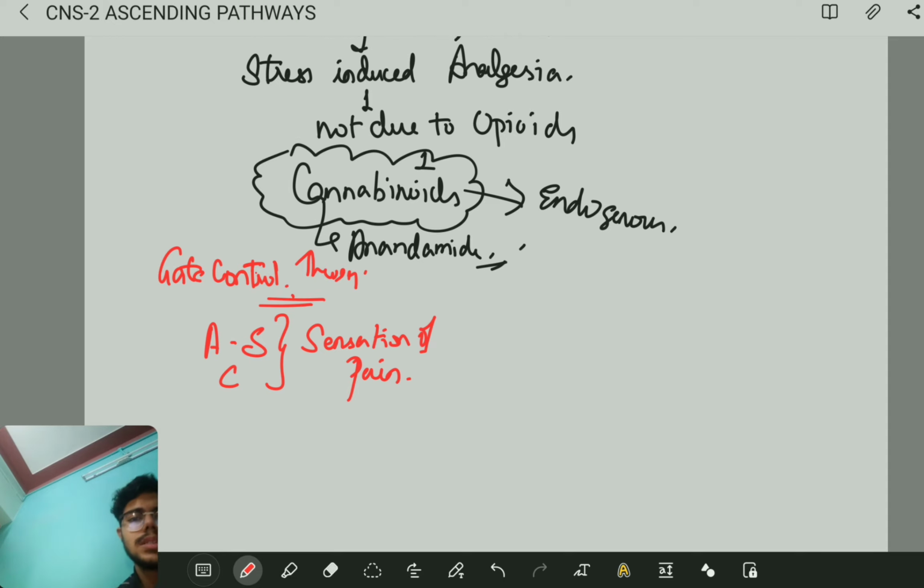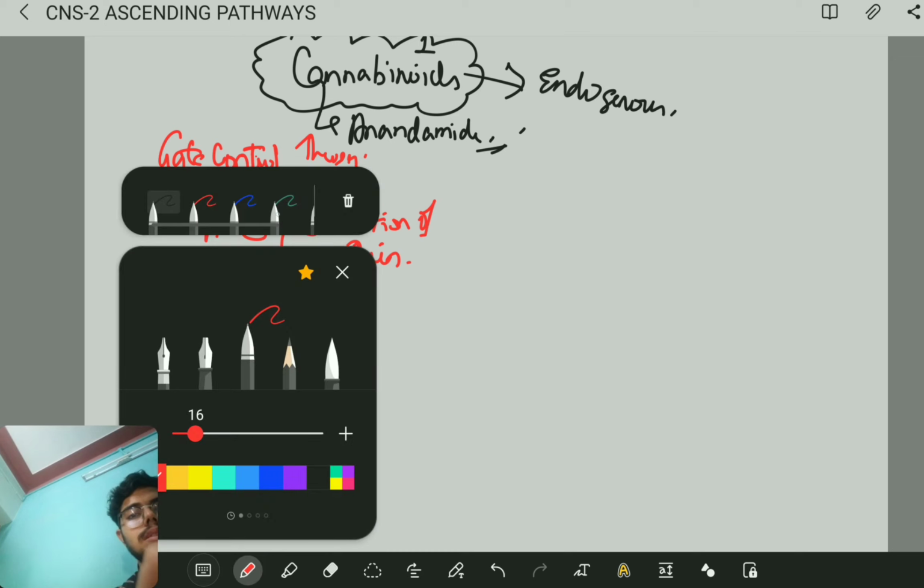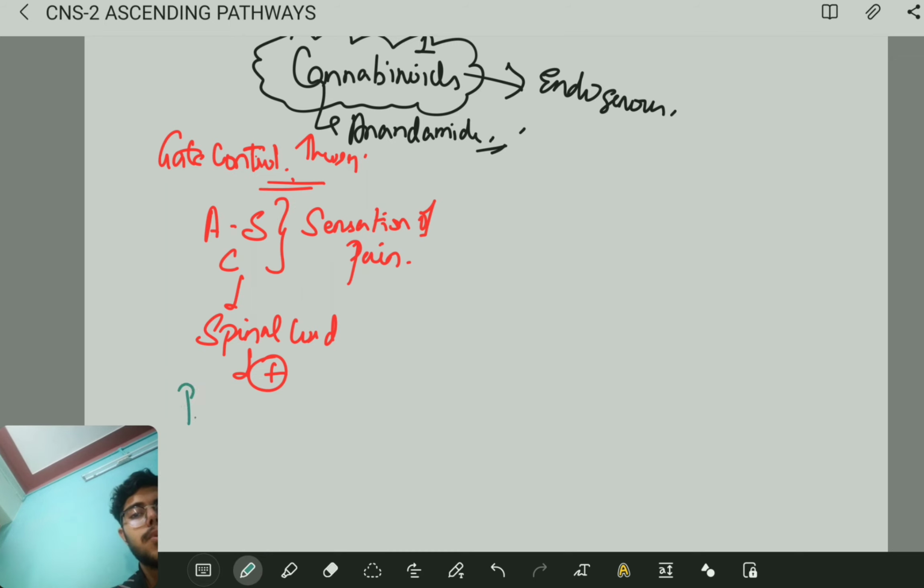Normally what happens when these fibers come to the spinal cord, they activate a neuron called the projection neuron.